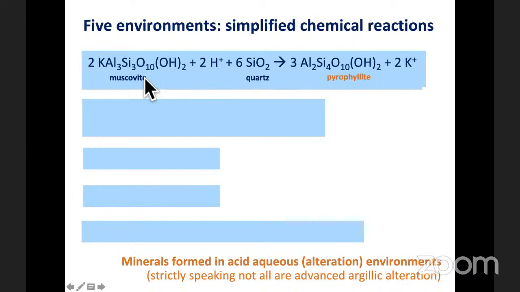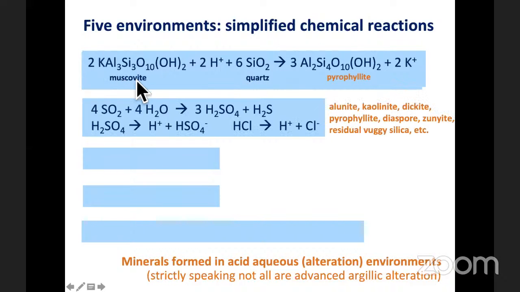So the first one, the highest temperature, leads to the formation of pyrophyllite; it is the reaction of muscovite with quartz as the fluid cools. Second one, condensation of magmatic SO2 forms sulfuric acid and HCl, then the sulfuric acid and HCl dissociate and form very acid conditions, and we have the widest assemblage of the advanced argillic alteration assemblage.